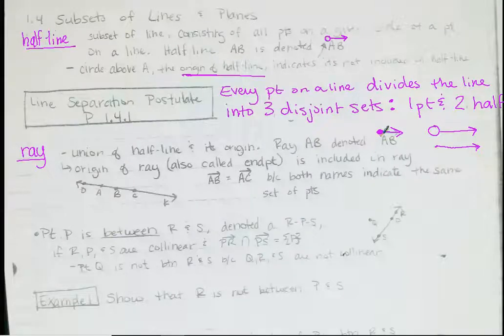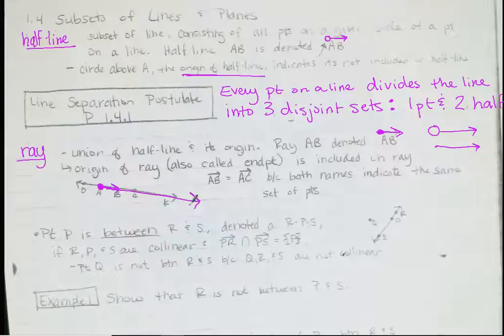This says ray AB equals ray AC because both names indicate the same set of points. It originates at A, it includes A, and it says AB, but that line still continues on.